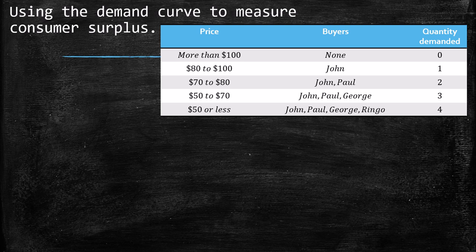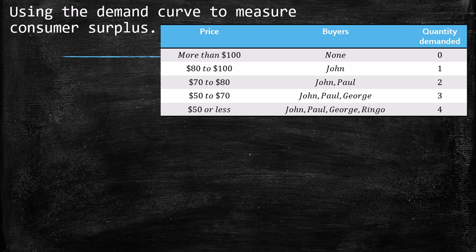They are not going to buy more. We can continue until the price is 50 or less, where all of them will buy the album. John, Paul, George, and Ringo will buy, and the quantity demanded will be 4.